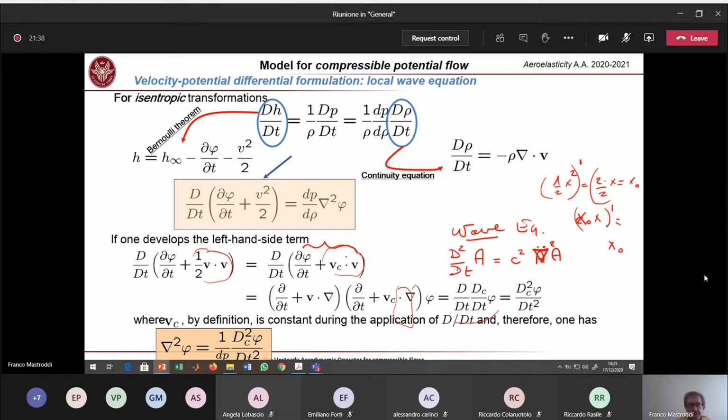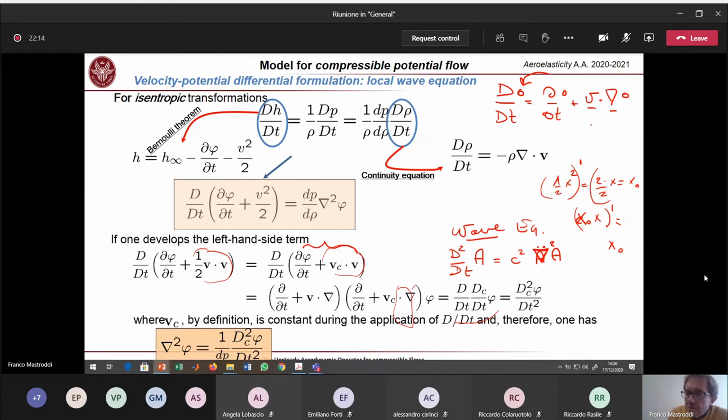And so when you take a substantial derivative, if you define the substantial derivative as the time derivative plus v dot gradient of this quantity, you are deriving this quantity following the particle with the actual velocity of the particle, v. Okay, this is the meaning of the substantial derivative.